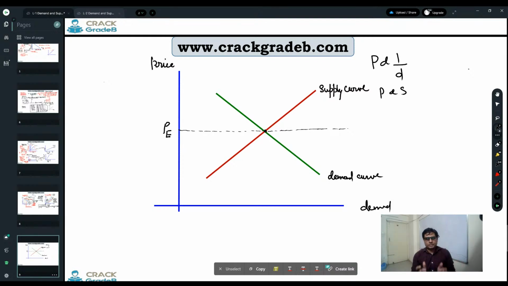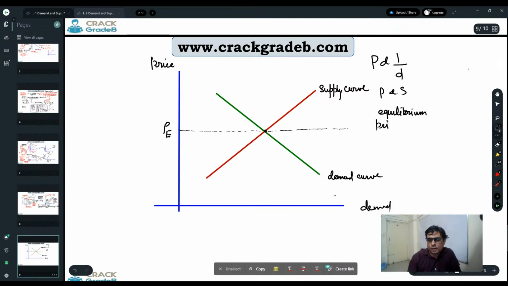At this price, we have the same demand and the same supply, because at this point the curves intersect each other. So we will call it the equilibrium price. This is the equilibrium price.